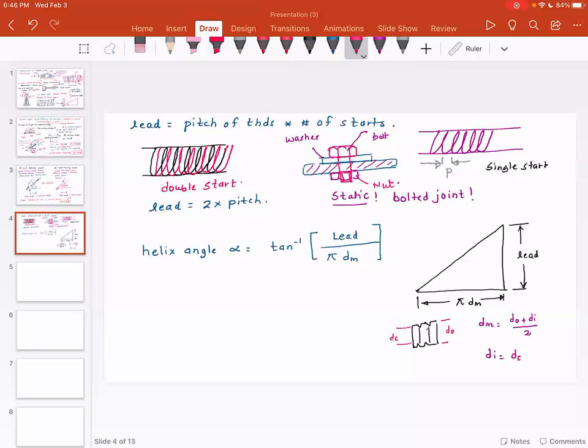So when you want to find the helix angle alpha, you will have to find the tan inverse of lead divided by pi times dm, and lead is equal to the number of starts multiplied by the pitch of the thread, and we'll solve a few problems. In that case it will be clear. Okay, any questions on the material discussed so far?